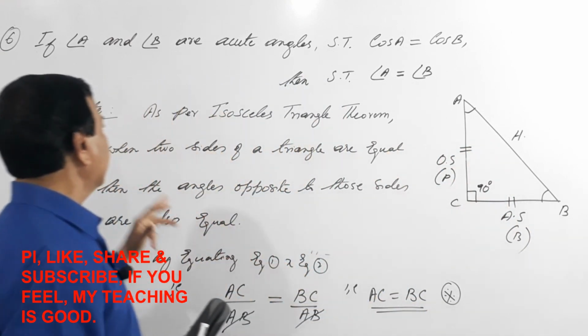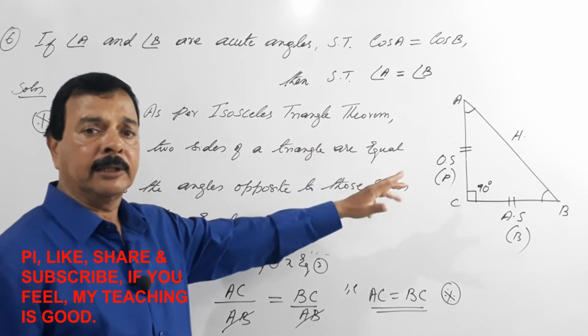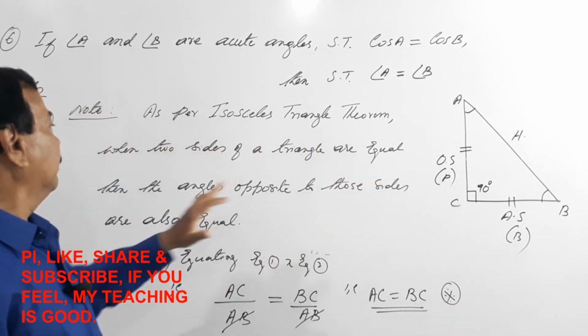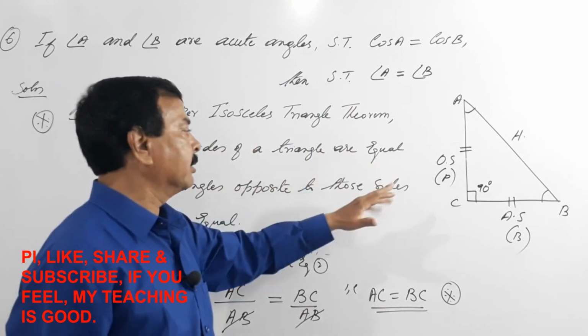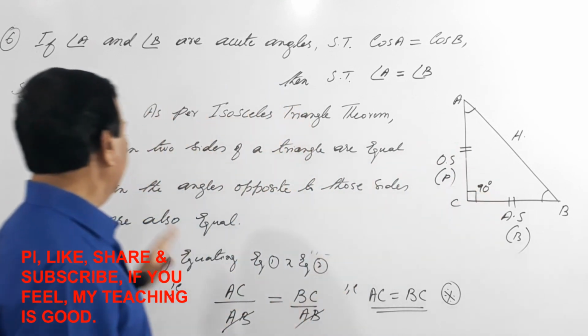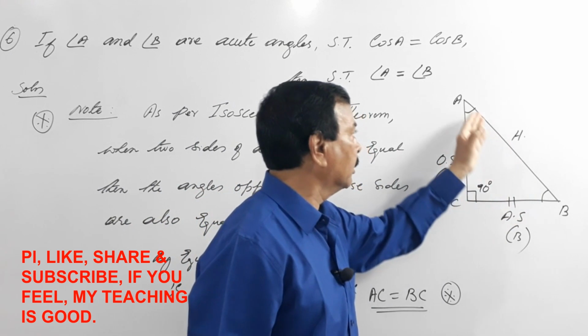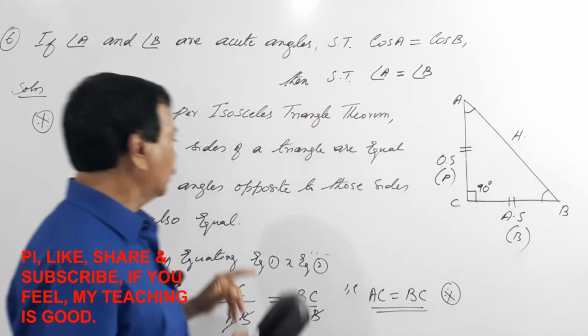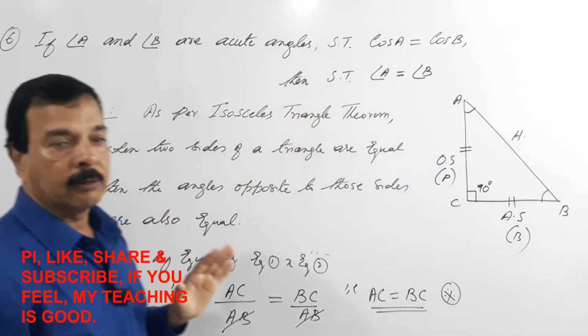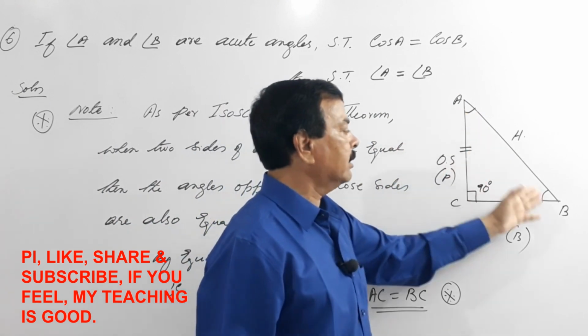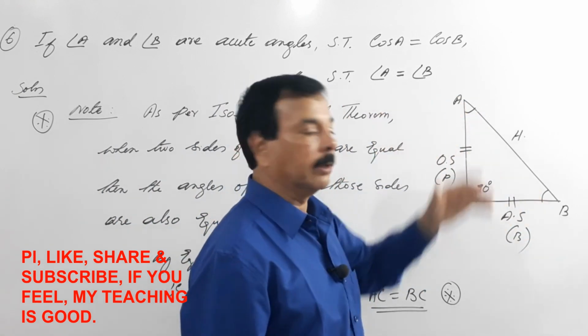As per this theorem, when two sides of a triangle are equal, then the angles opposite to those two sides are also equal. It means angle A equals angle B.